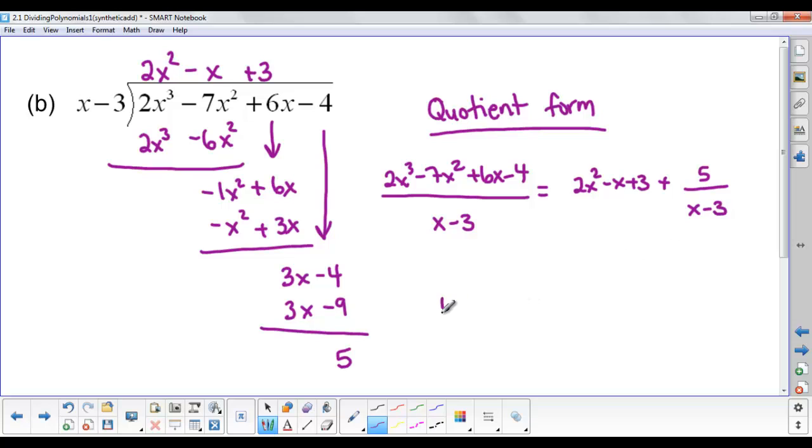And if we wanted to talk about any kind of restrictions, remember we cannot divide by 0, so our divisor cannot be 0, which means x cannot be equal to 3.